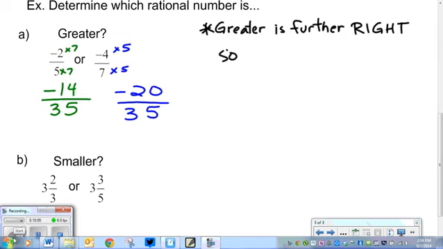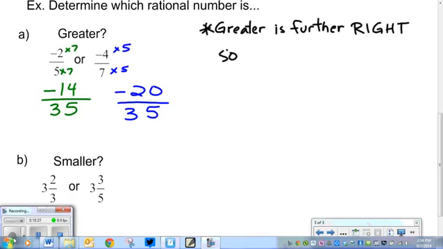Okay, so when we try example A, if we multiply the denominators together, we get a common denominator of 35. So we get the fractions negative 14 over 35 and negative 20 over 35. So we're looking at negative values, and we want to think which one is the greater value. Greater value is always the one that is further to the right.